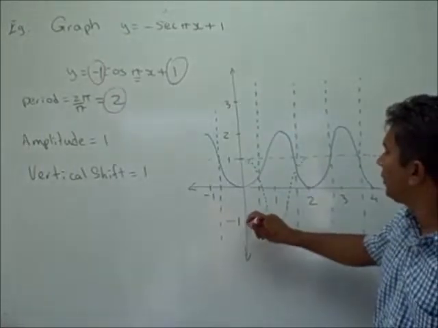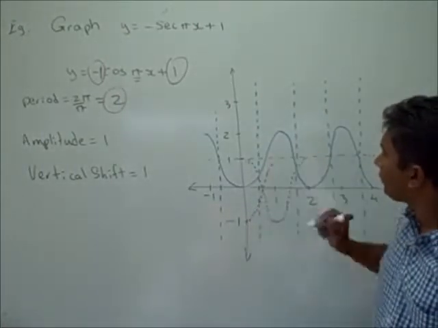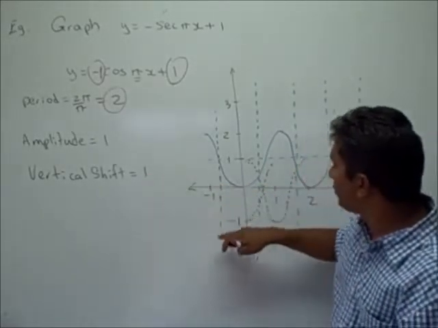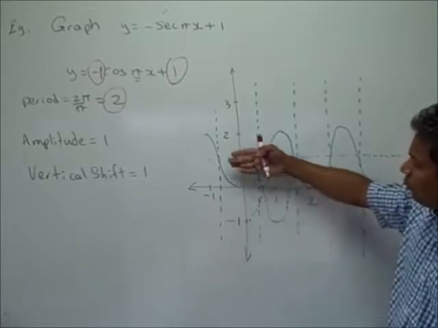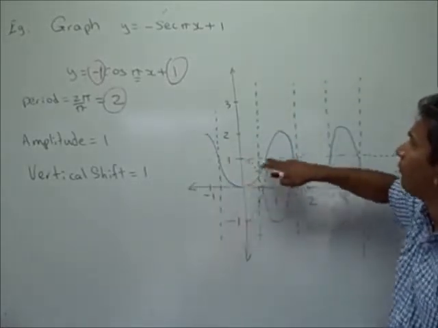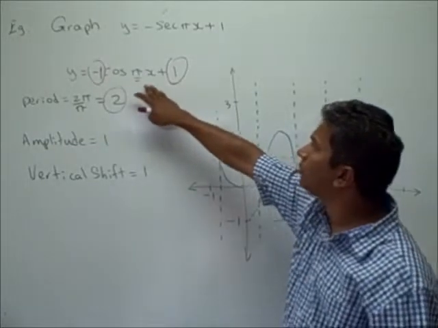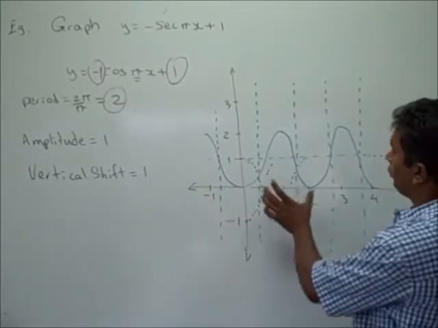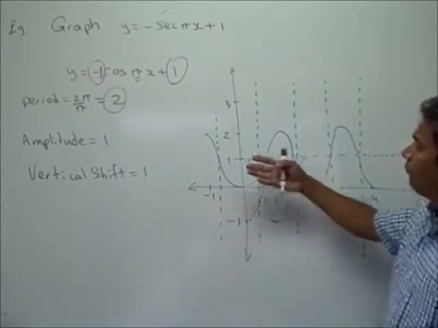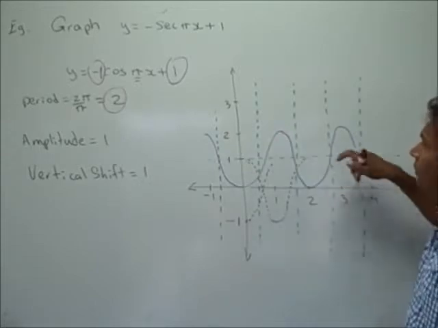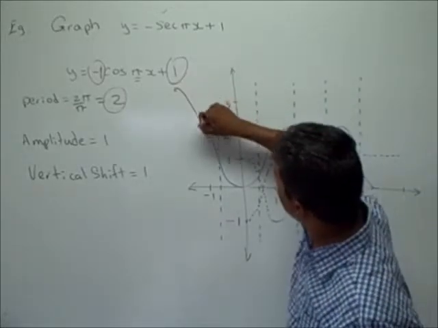So this actually ends up looking like this. But because of the vertical shift, even if it's reflected down, it's going to be moved up 1. So here we have our negative cosine of pi x plus 1 function: period of 2, flipped over and shifted up 1, in blue. So this is this function.